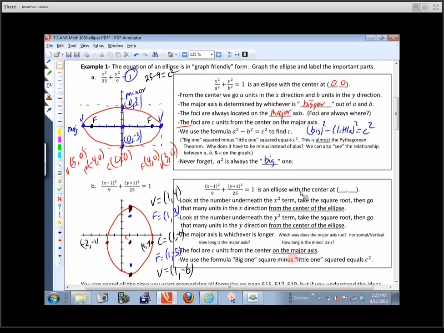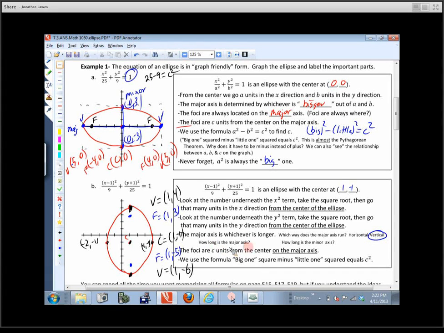Okay. This is pretty much filled in for us. The center would be at h, k. But in this case, that's going to be 1, -1. Again, we looked underneath the x squared term, look underneath the y squared term. Major axis is longer, so it runs vertical.